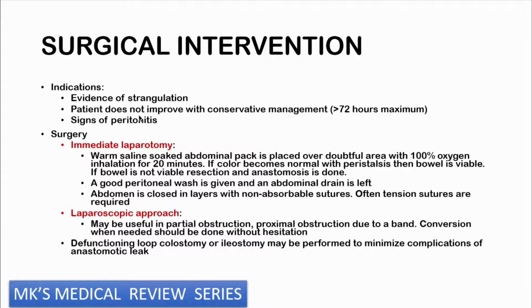This is obviously done with partial obstructions, with obstructions that are due to bands. And when you're doing this, you should be ready to convert it to a laparotomy. If you fail to manage to do this laparoscopically, you should have facilities to simply rush the patient and convert it into an open surgery. Then, of course, sometimes you may place a defunctioning colostomy or an ileostomy to minimize the complications of your anastomosis leaking.